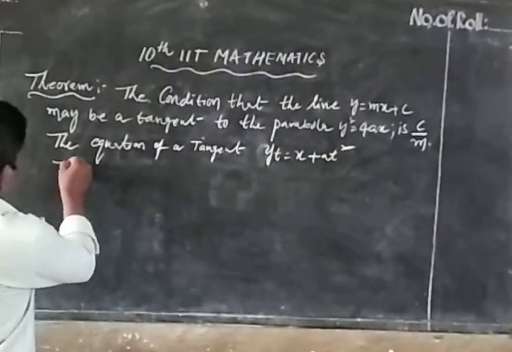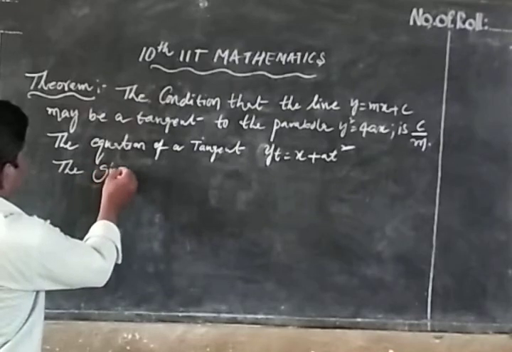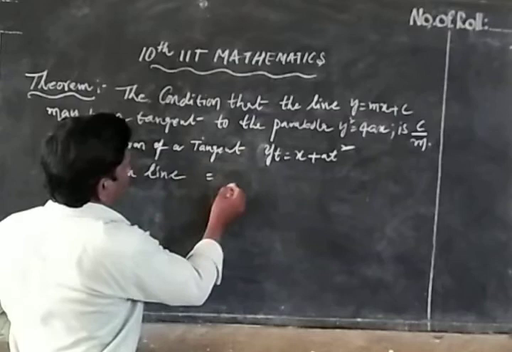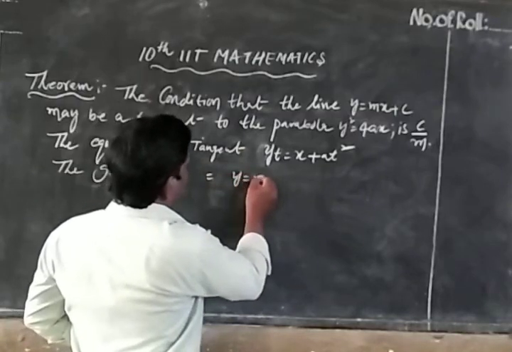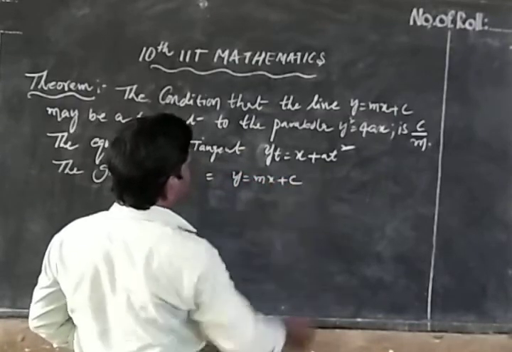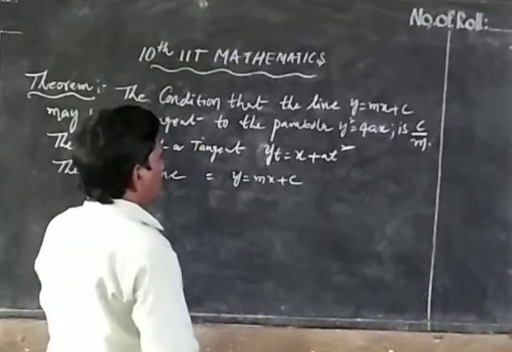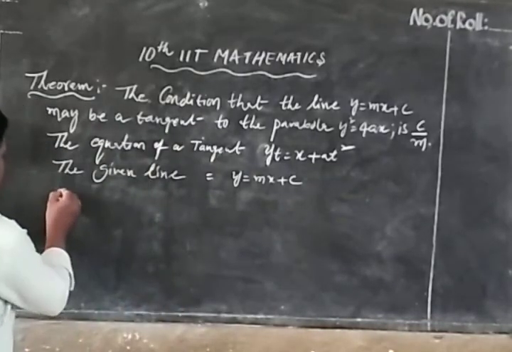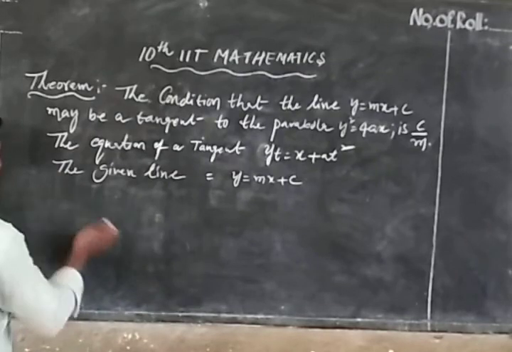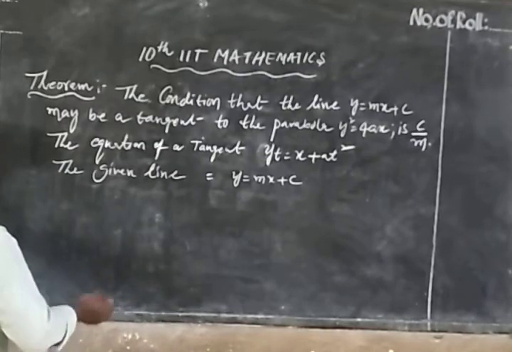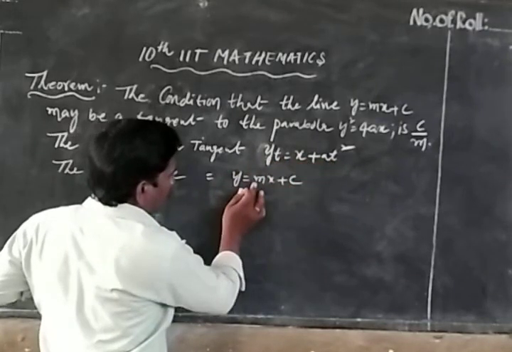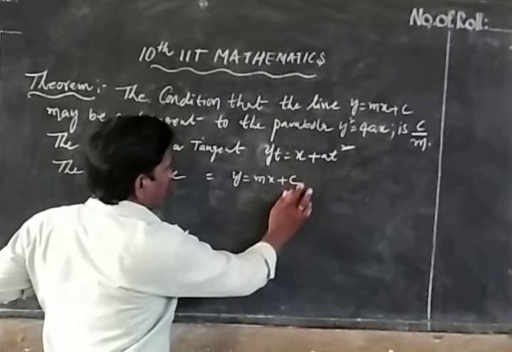The given line is y equal to mx plus c. Okay. Now, two equations. Equation 1: yt equal to x plus at square. Equation 2: y equal to mx plus c.